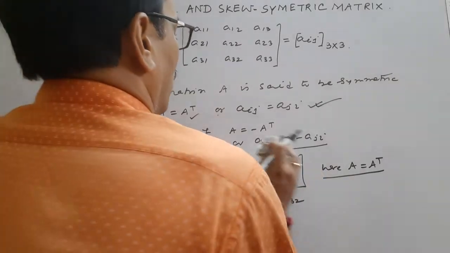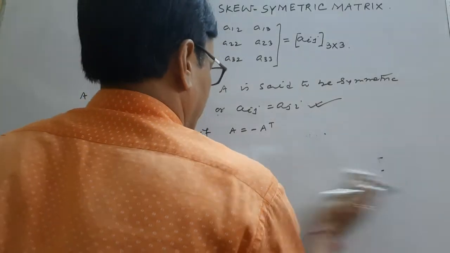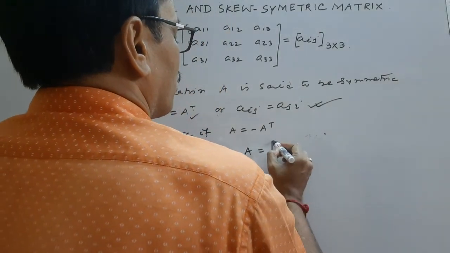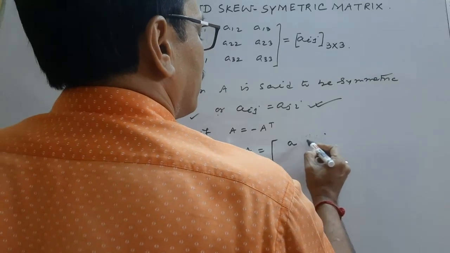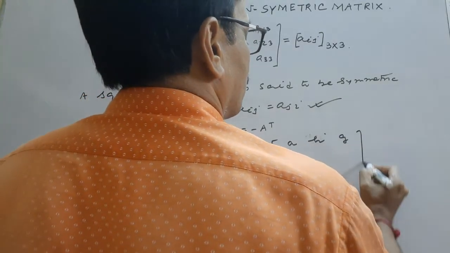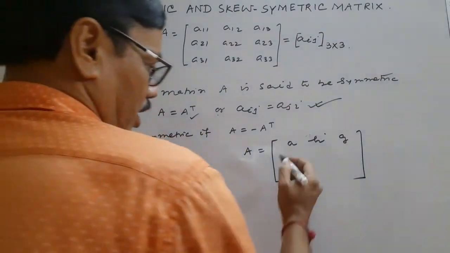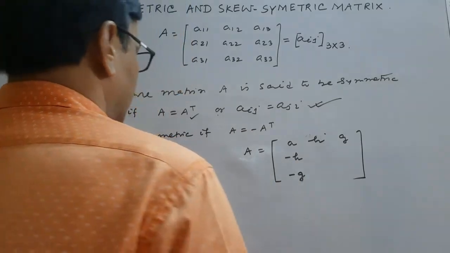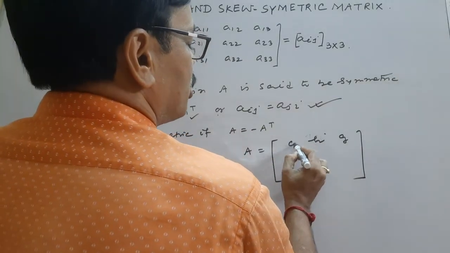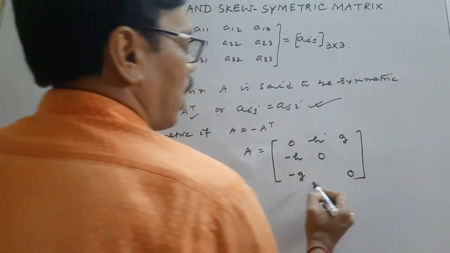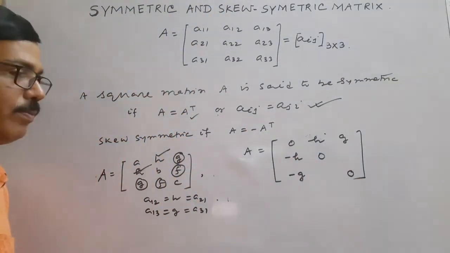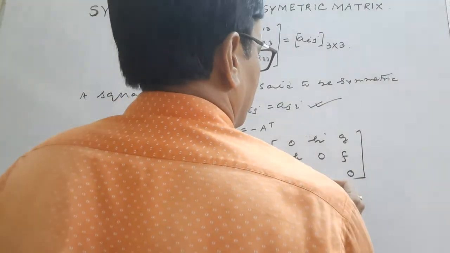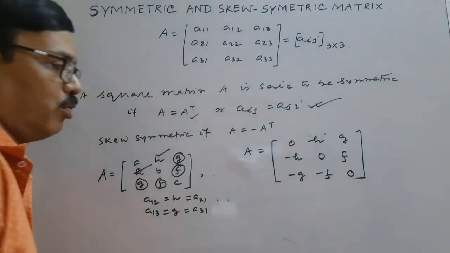So for the second one, skew symmetric. Suppose A, H, G, for the previous one. So this will be minus H and this will be minus G. And the diagonal will be 0. I will prove why the diagonal elements are 0. If it is F, then it is minus F. Skew symmetric.